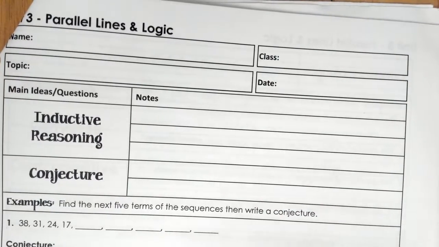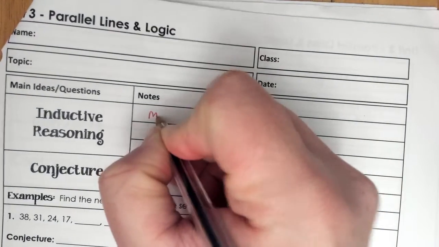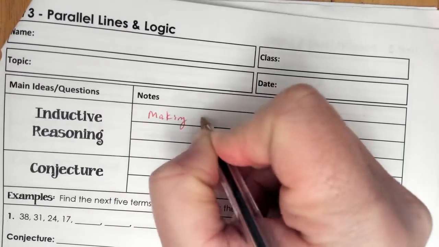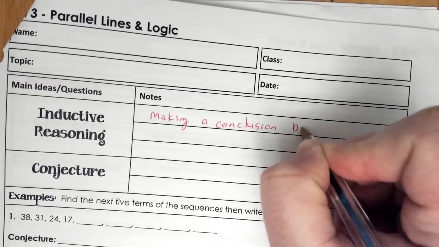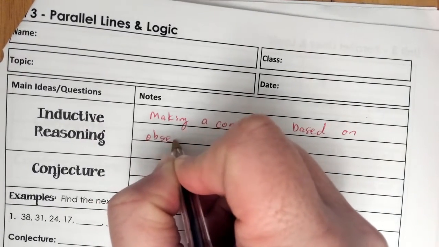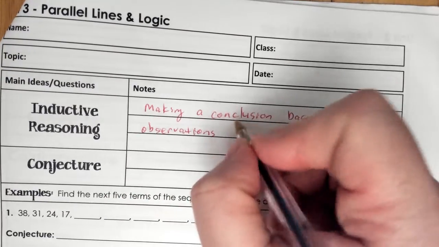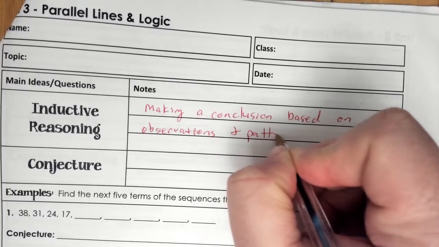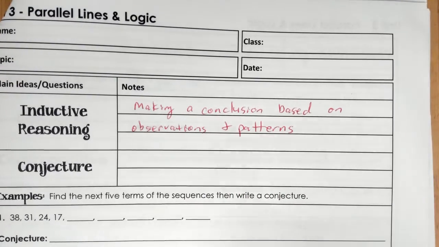All right, so our notes. Here we go. Inductive reasoning is making a conclusion based on observations and patterns. So you just follow a pattern. That's it. There you go.